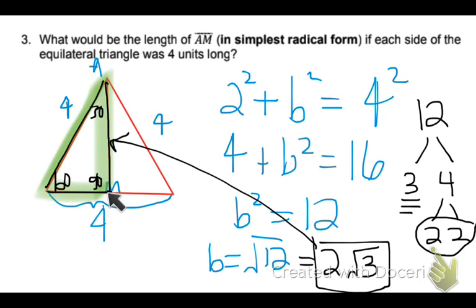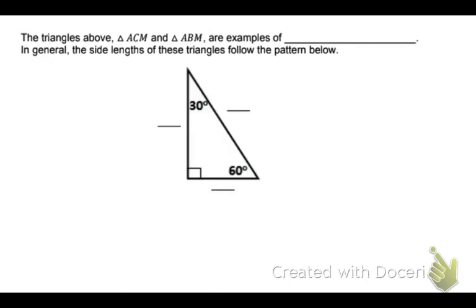So that was like my X. This is 4, so that's my 2x because we multiplied this side over here by 2. And then this one is 2 root 3, so x root 3 because we multiplied the 2 times root 3. So it still follows the pattern. So all 30, 60, 90 triangles follow that pattern.